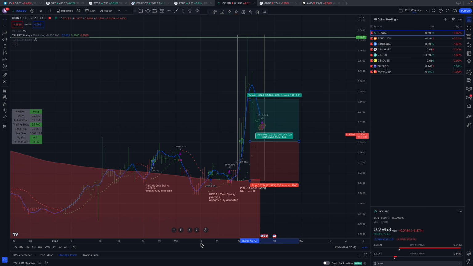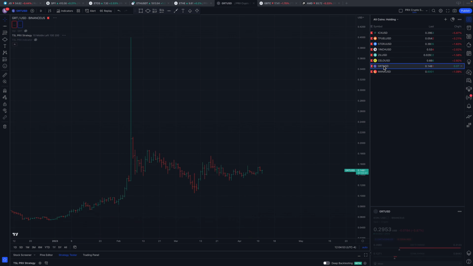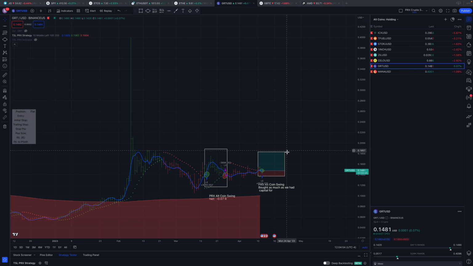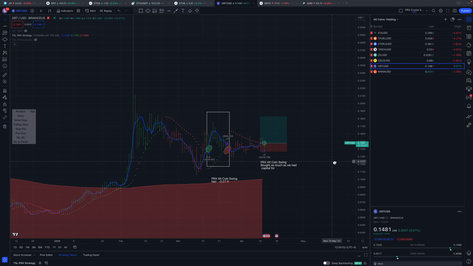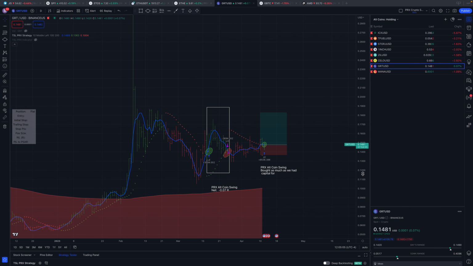And just one other thing we would have to think about here in terms of quantifying and systematizing this is GRT USD. Again, I'm going to delete this white box. I just opened this trade yesterday. But for example, we would have to define exactly what are we going to use to define that previous high?